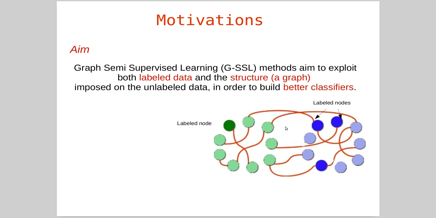One will be to have data points, those dots, that are connected in some way. So you have a structure, a graph. But on the other hand, you also have some input information, which is given by the darker nodes here. And those nodes, you already know the class they belong to because it's some input information.